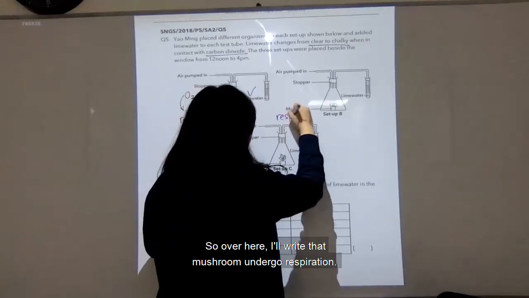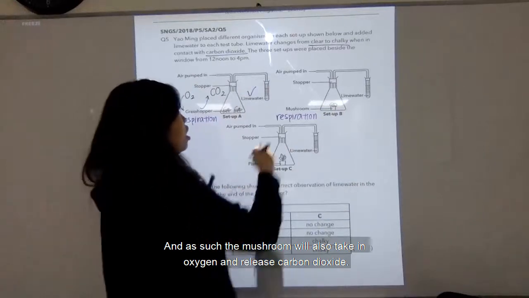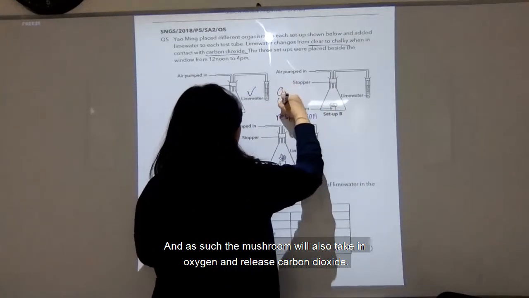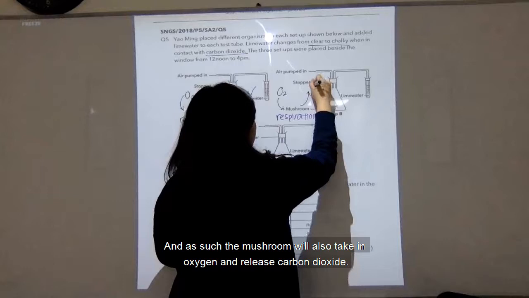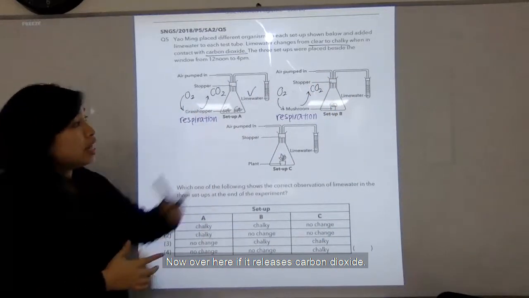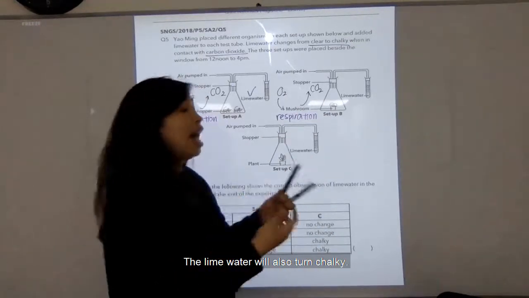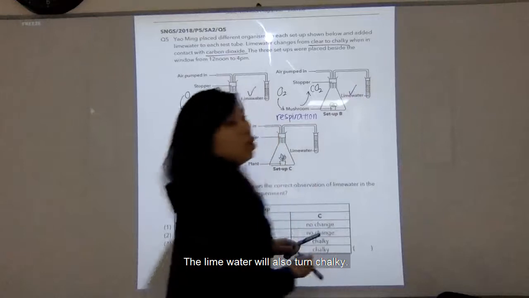So over here, I'll write that mushrooms undergo respiration. And as such, the mushroom will also take in oxygen and release carbon dioxide. Now, if it releases carbon dioxide, what will happen to the lime water? The lime water will also turn chalky.